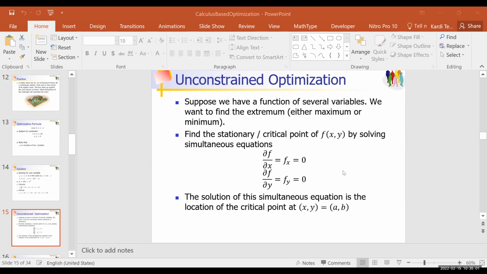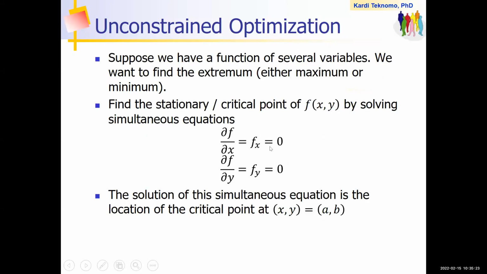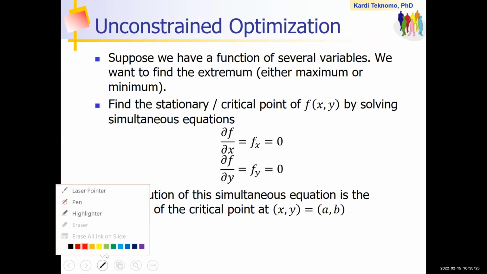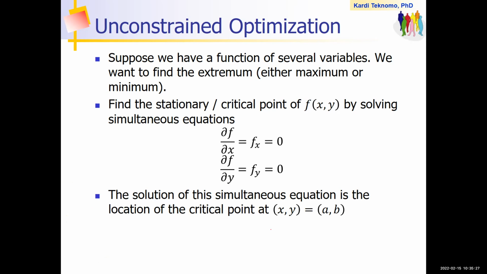How to do that is to find the partial derivative. So if you have a function of x comma y, then you can find the partial derivative. This is the notation of partial derivative. Sometimes we write it as fx like this, that means the partial derivative with respect to x.